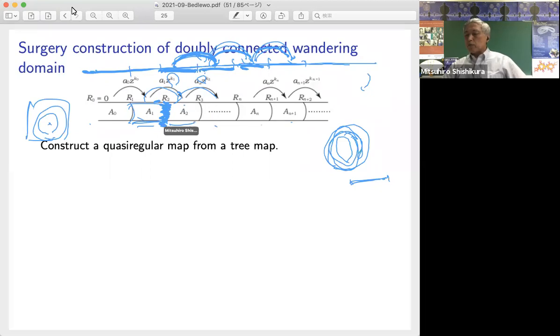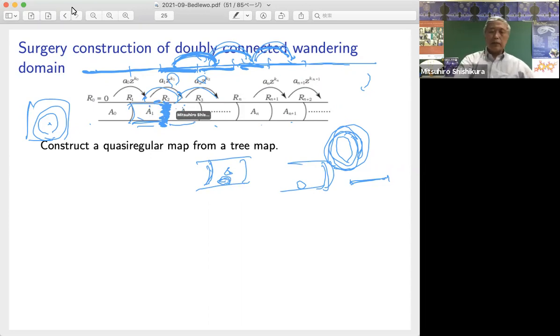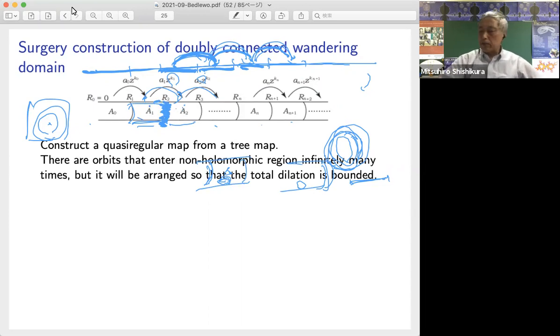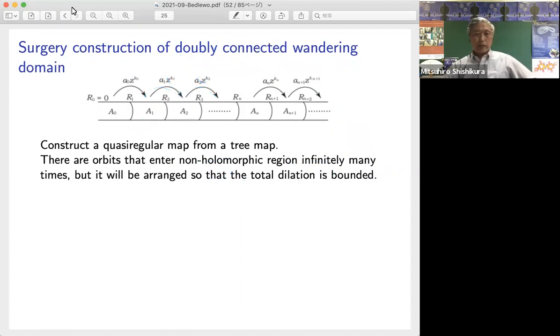You make it quasi-regular so that in the general case, you have to introduce some inverse image of this curve. So an inverse image of a curve like this would be two inverse images or more, and you introduce a critical point to match the degree here and there. And you need to be careful about several things.